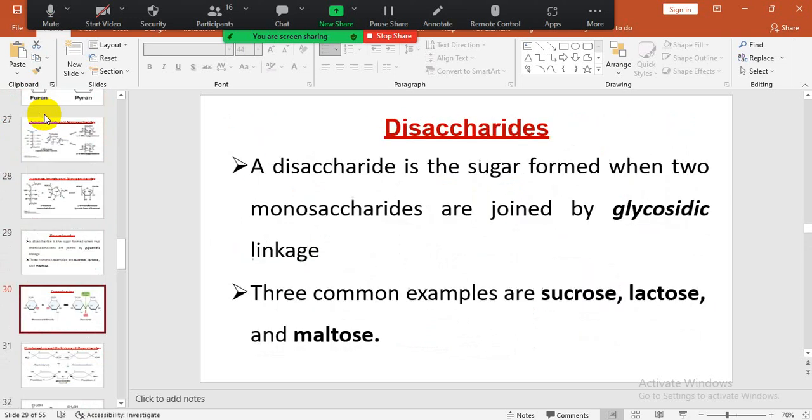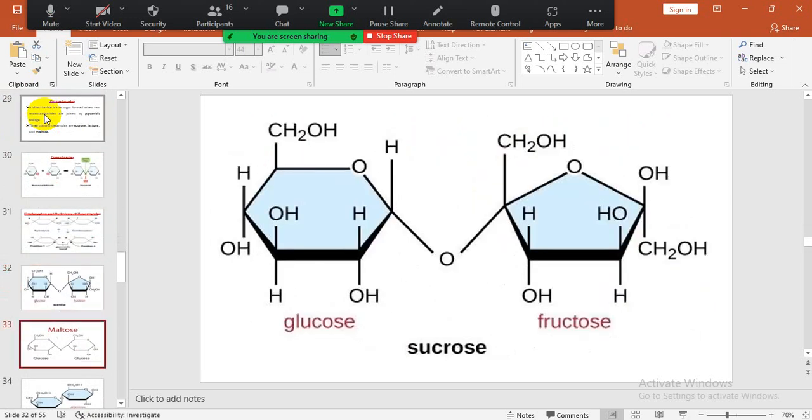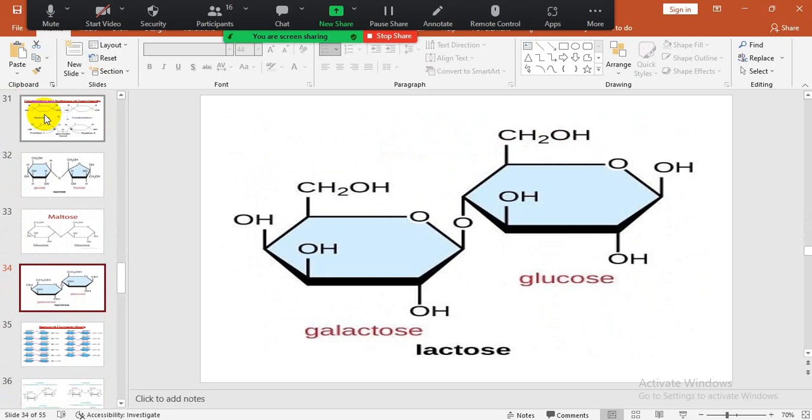Okay, so you can see this is carbon 1, carbon 2, carbon 3, carbon 4, carbon 5, carbon 6. Is it true? Hello? This is carbon 1, carbon 2, carbon 3, carbon 4, carbon 5, carbon 6. Is it true?